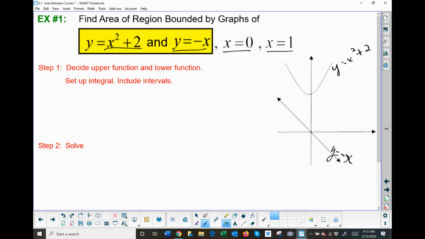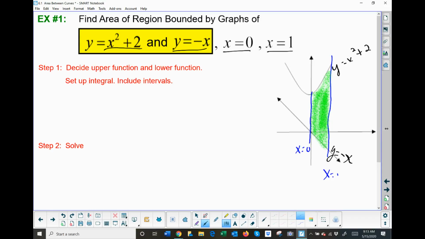So I have a vertical line at x equals 0, and I have a vertical line, I'm just going to draw it about there, at x equals 1. So I really get 4 equations defining the space between the 2 curves and the vertical lines that act as boundaries for us on this problem.